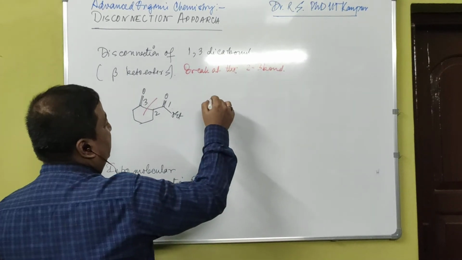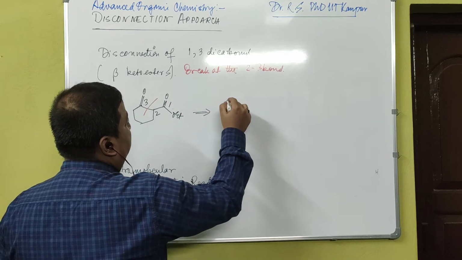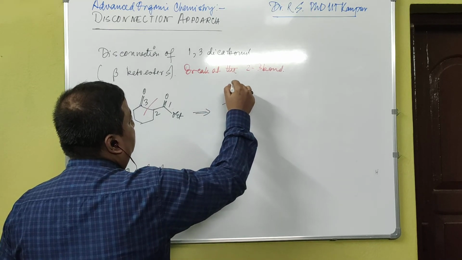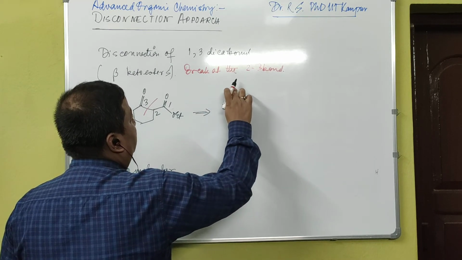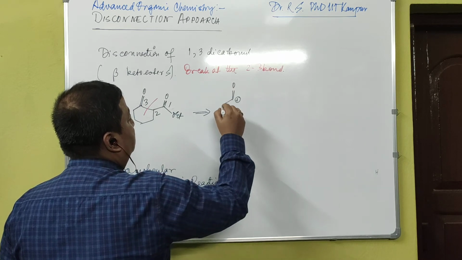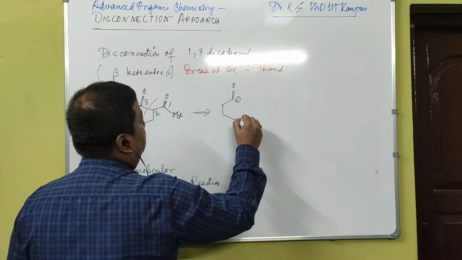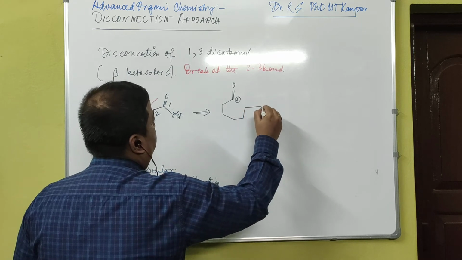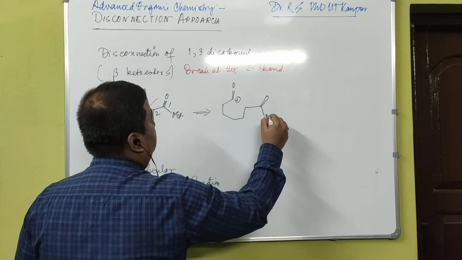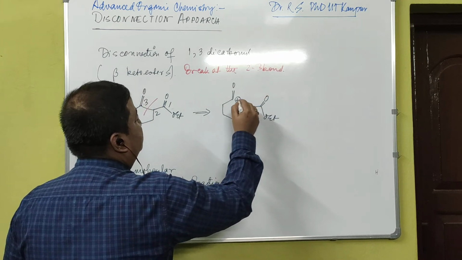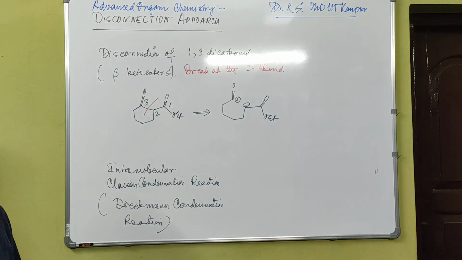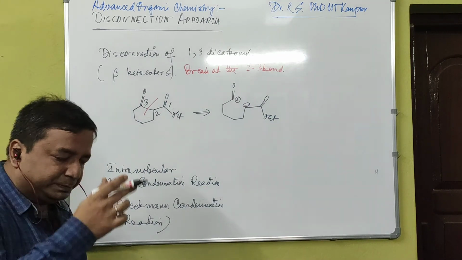Now again, what will I think? This is my arrow for the disconnection. Here is my positive charge. There is my negative charge. Keep the logic in mind that I told you before.